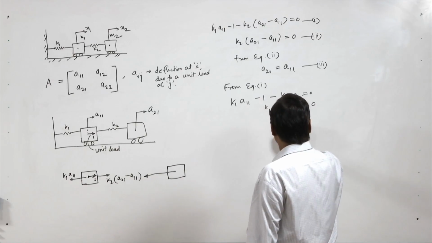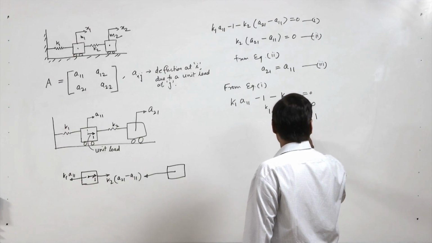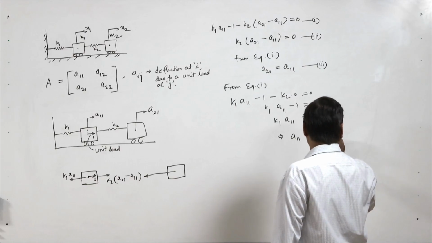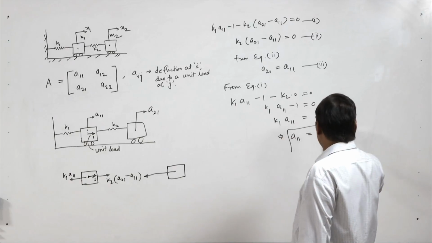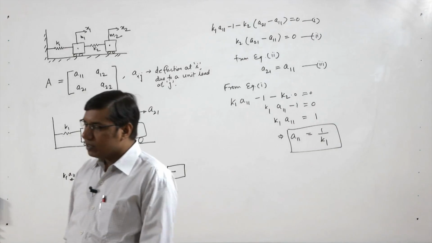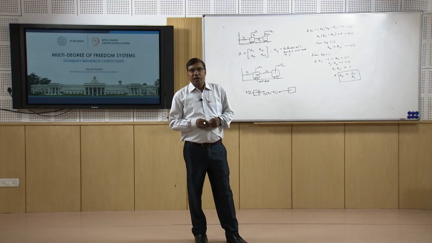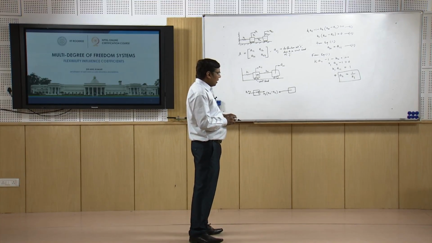This means K1 A11 equal to 1, and this implies that A11 equal to 1 by K1. So we have got this influence coefficient A11, that is when the unit load is applied at 1 and the displacement is being measured at 1.